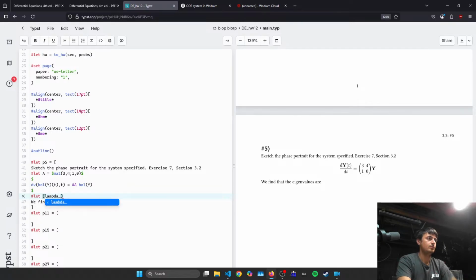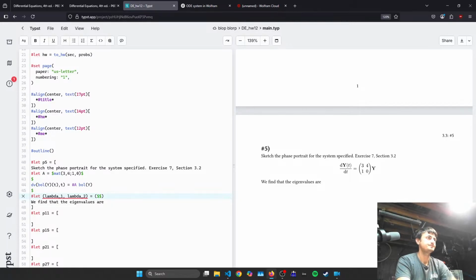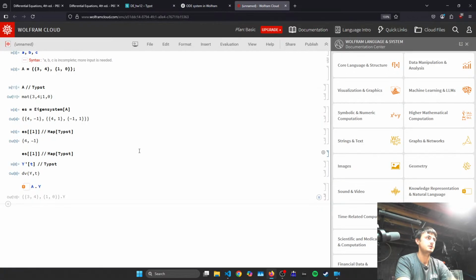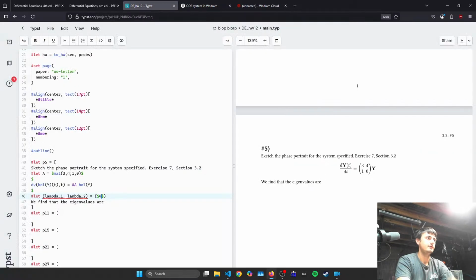Lambda 1, lambda 2. And this should go to n, but we don't really need to do that quite yet. But then this is going to be an array of the numbers. It's not that hard. 4, 1, dollar.